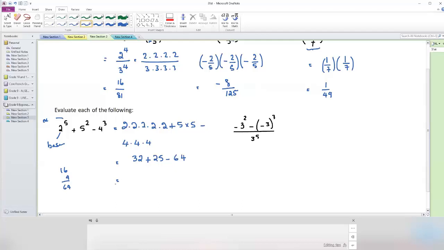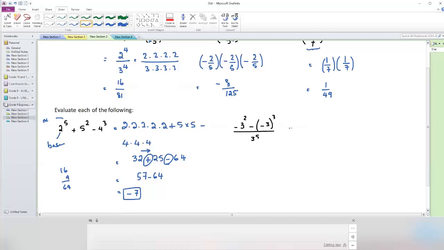Now, with order of operations, we know addition and subtraction are on the same level, so we start from left to right. So 32 plus 25 equals 57. 57 minus 64. Since the negative is larger than the positive, that means 64 minus 57, which is 7, with a negative answer.